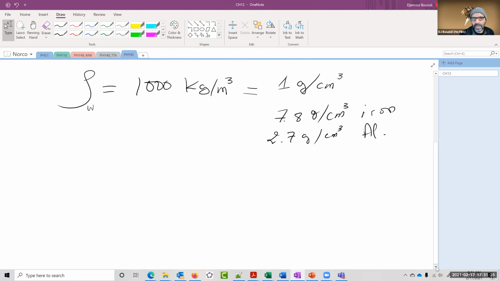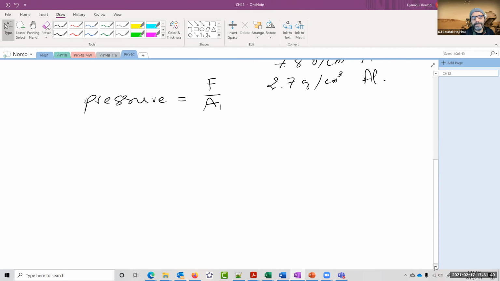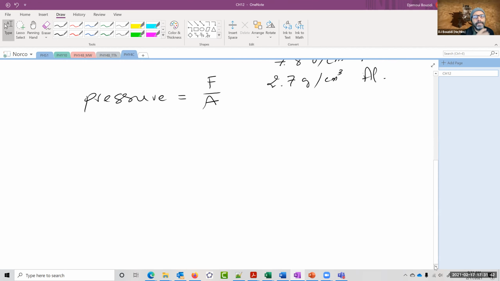Now, the key question that we want to know, another way of describing a fluid is the pressure in it. And the pressure is force per area. Did you guys discuss the concept of pressure in Physics for A? Yes, no?